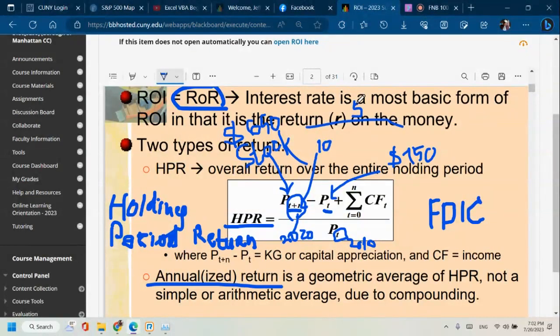There was a gain or appreciation in stock price by $500 over the initial investment of $150. This $500 is P(t+n) minus P(t). This is called capital gain or capital appreciation.